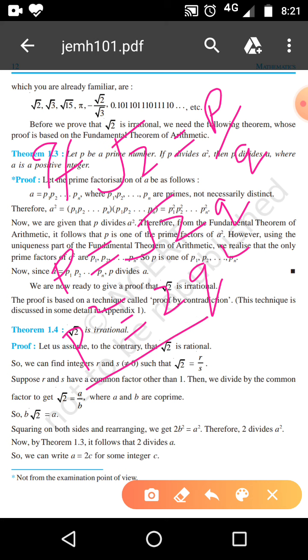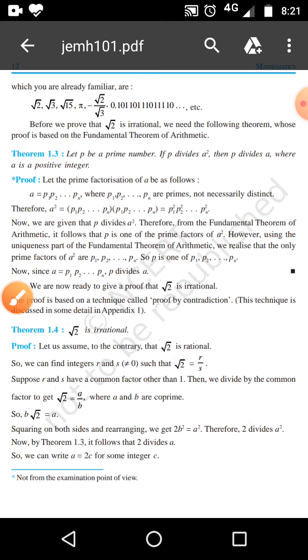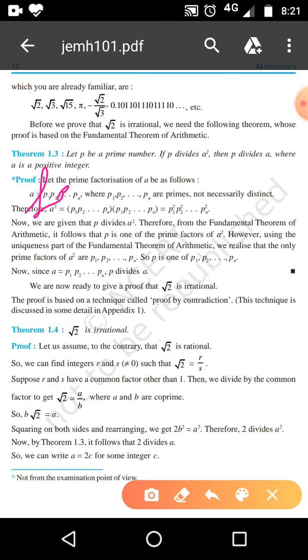This means 2 divides p square, and this means 2 divides p. This is one part of the theorem to prove root 2 is an irrational number. Now let p = 2c, where c is any integer, c belongs to Z.